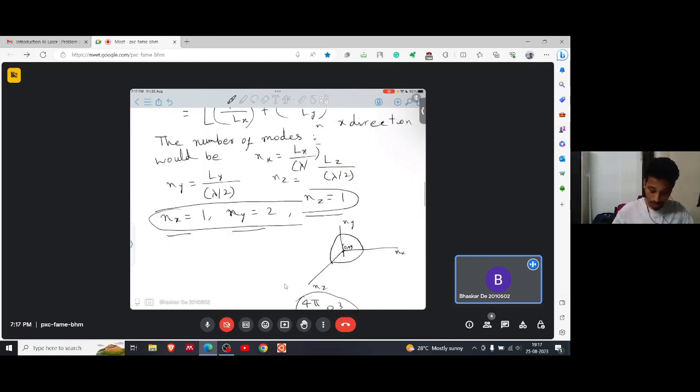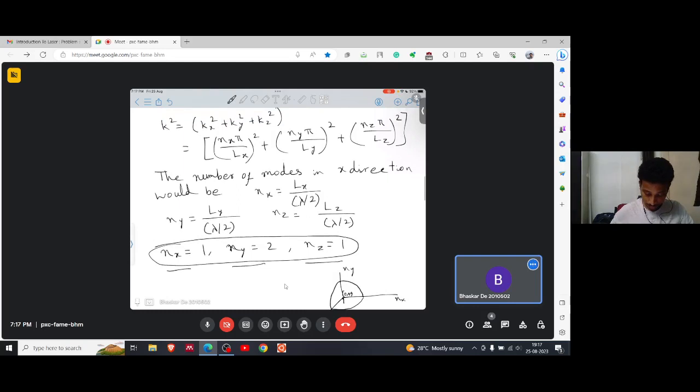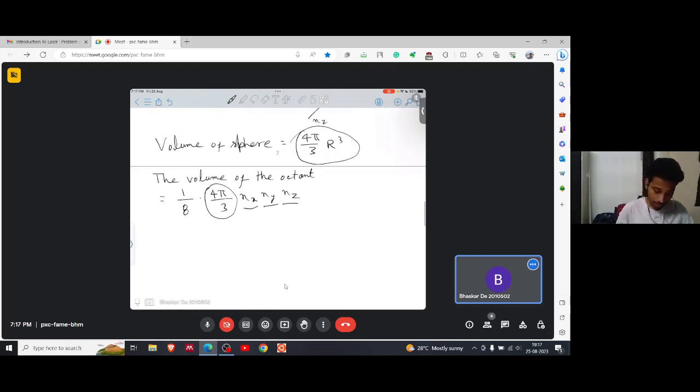So now here we have the values of nx, ny, and nz: 1 by 8, 4 pi by 3, 2 lx by lambda, 2 ly by lambda, 2 lz by lambda.